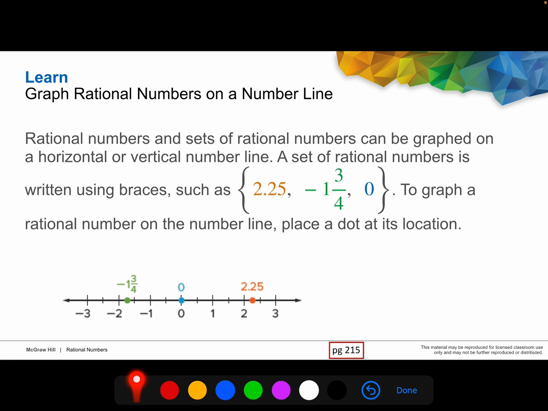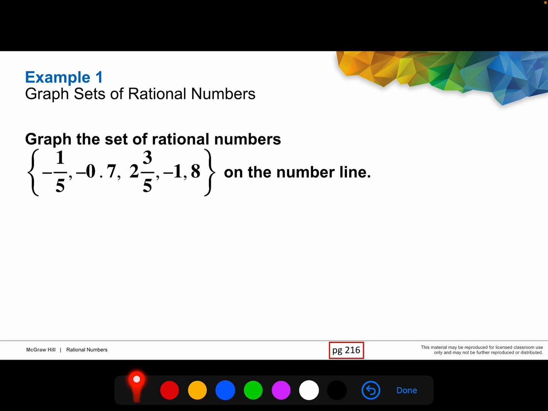To graph this on the number line, we're going to draw a number line and place a dot at the location. I have a 0, so I place a dot at 0. Then a dot at -1/3. And then 2.25. For each of these, we place the dot on the number line, as well as write our value in the original format.